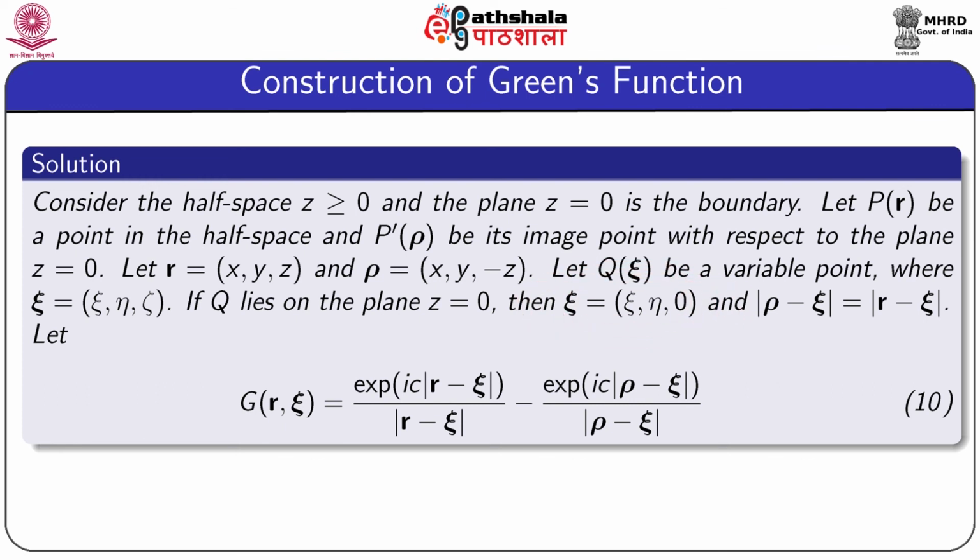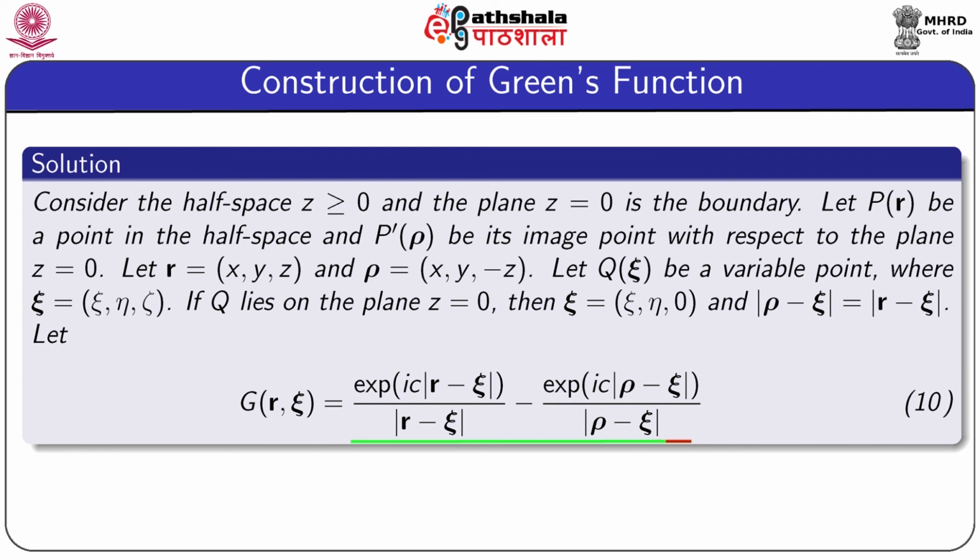And you can verify that if Q lies on the plane z equals 0, then mod of rho minus xi is equal to mod of r minus xi. The expression for g, which in this case we are assuming in the form e to the power ic mod r minus xi divided by mod r minus xi, minus e to the power ic mod rho minus xi divided by mod rho minus xi, where rho is the image of r with respect to the plane z equals 0.